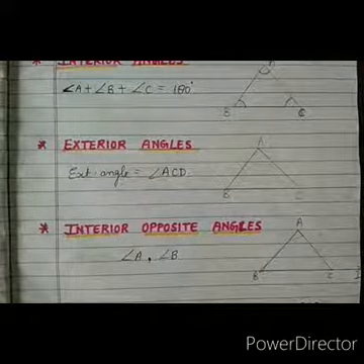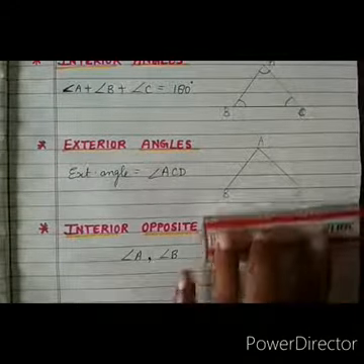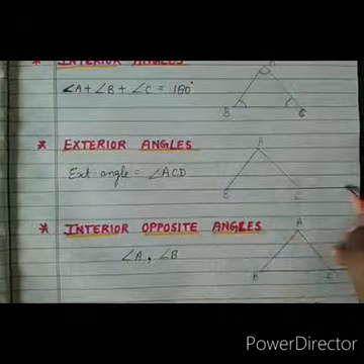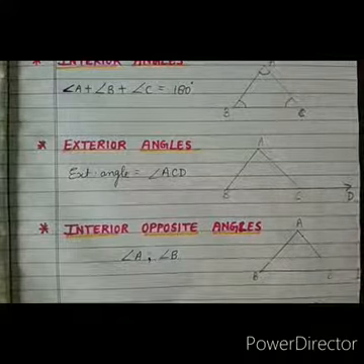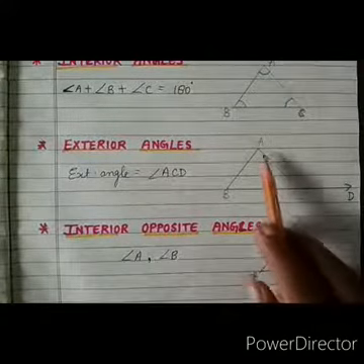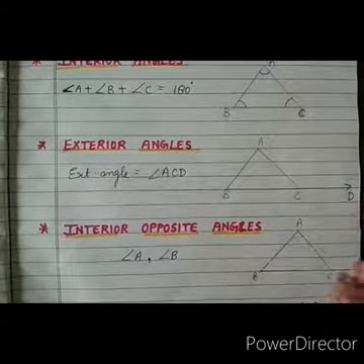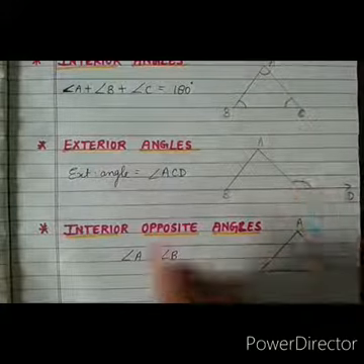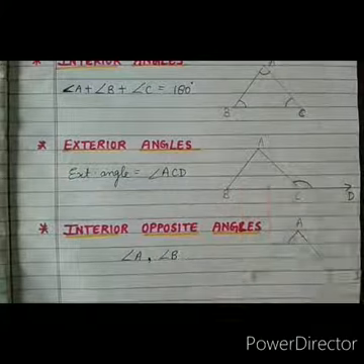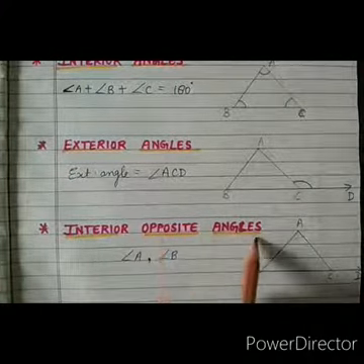Now the next topic is exterior angle. When we produce any one side of a triangle, here I am going to produce side BC to D, in this way we get another angle, that is angle ACD, and this angle ACD is known as the exterior angle. So here the exterior angle is angle ACD. Now the next topic is interior opposite angle.